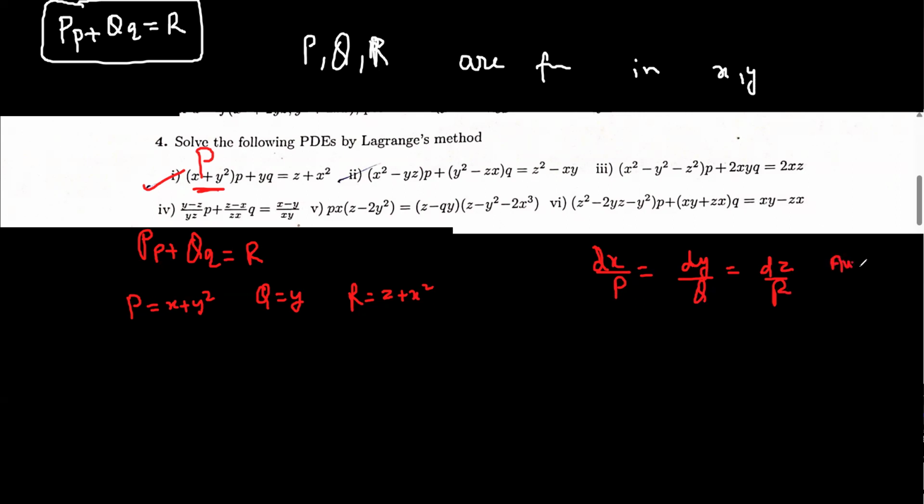When any equation comes in this form, first we find the auxiliary equation. Here, dx upon x plus y square, dy upon y, dz upon z plus x square. Right?